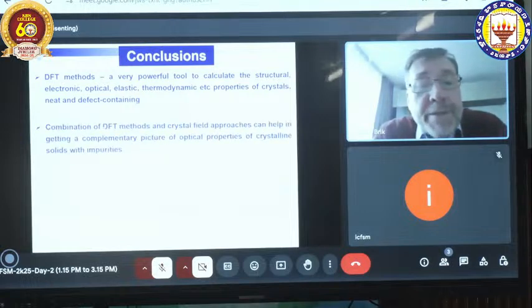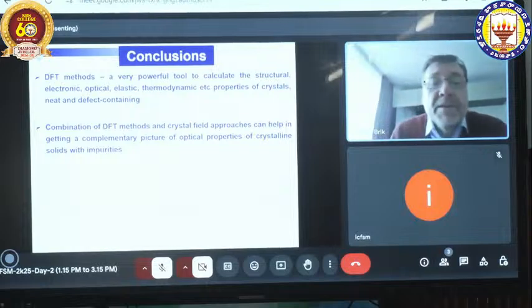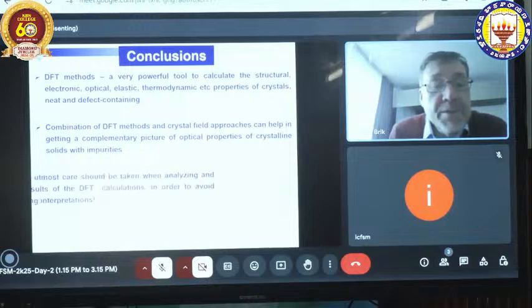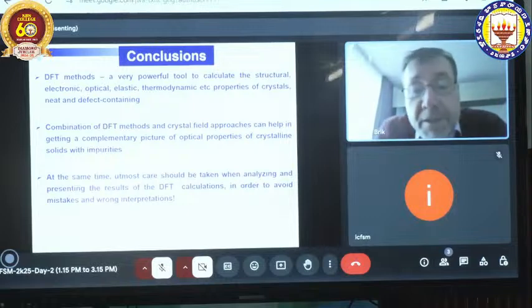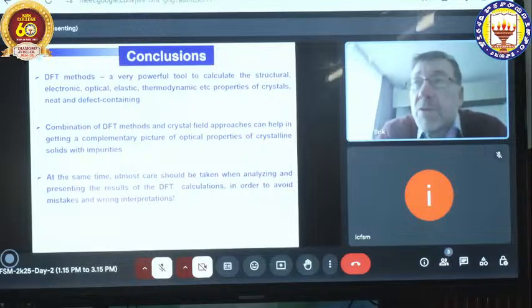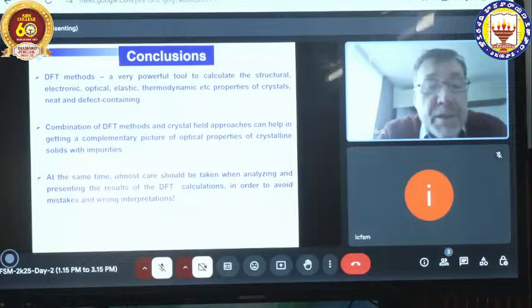If we combine together DFT and crystal field approaches, we can get what I call a complementary picture of the optical properties of crystalline solids with impurities. And as I emphasized, a lot of attention should be paid to the proper analysis of DFT-based calculation results in order to avoid mistakes and wrong interpretations.